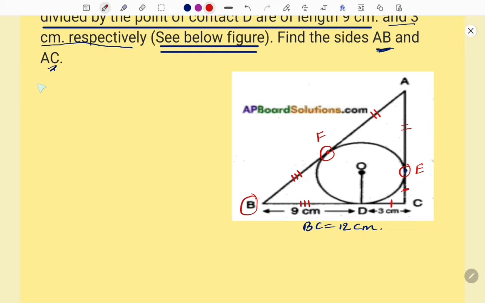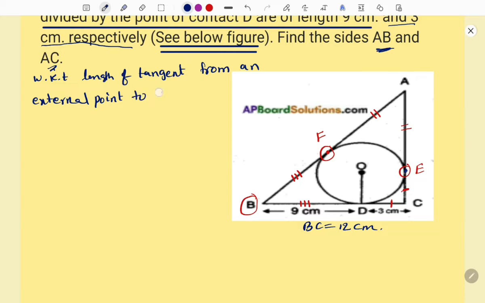So here we know that the lengths of tangents from an external point to any circle are equal.